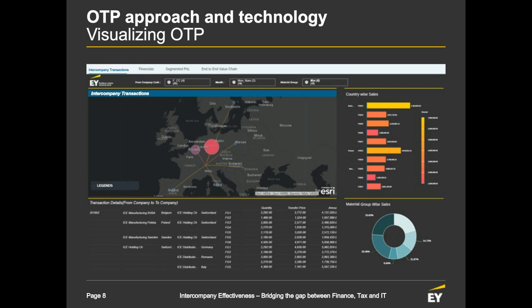And indeed, there's a large degree of overlap in the data that we're interested in. So we're interested in the actuals data, the forecast, the budgets. So there's perhaps just an augmentation required for the transfer pricing purposes. So organizations don't necessarily have to go and buy additional technology or additional applications for the purposes of operational transfer pricing. More, we can look to what finance are using and utilize those same applications.